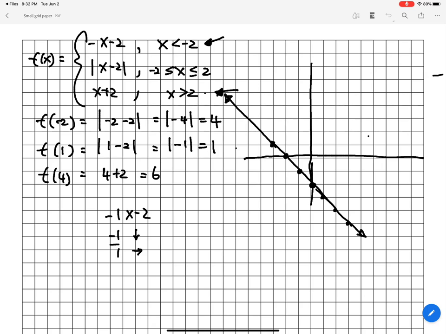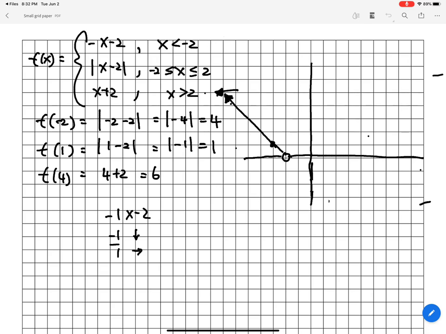So all this is gone except for this right here. Only this section remains. Now, the first section is done.